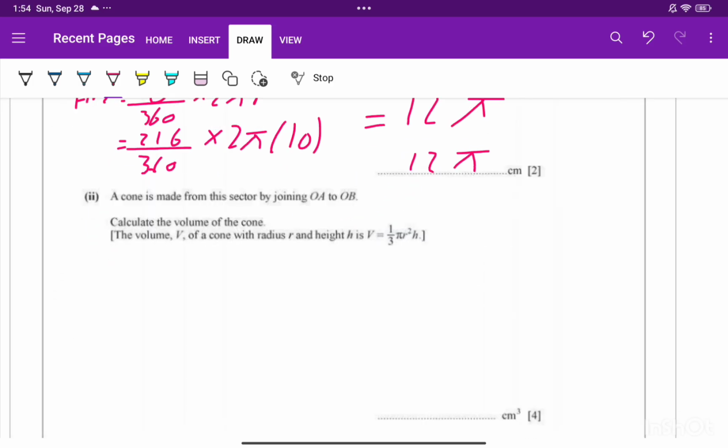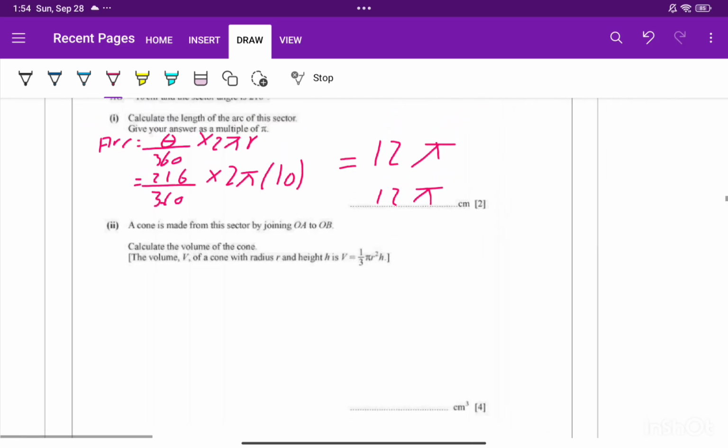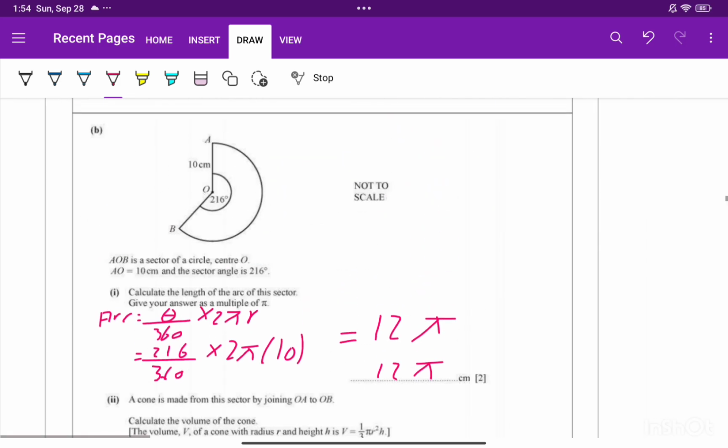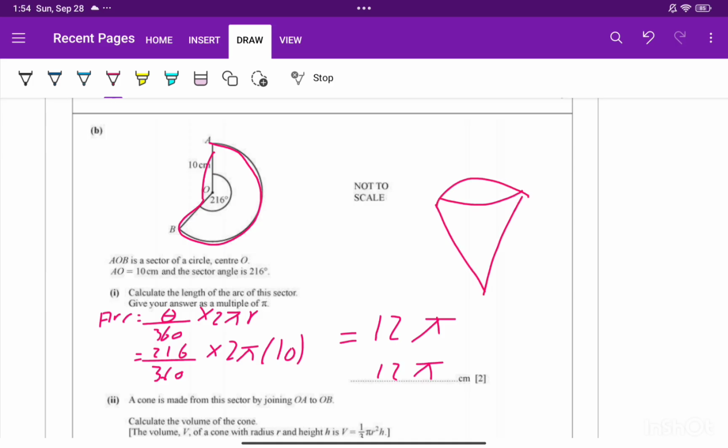Okay, a cone is made from this sector by joining OA to OB. Calculate the volume of the cone. So this has been folded and made into a cone. Over here the AO was 10, so the slant line in the cone will be 10, and the arc length we found is 12 pi.